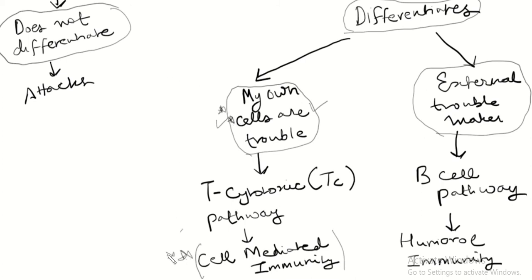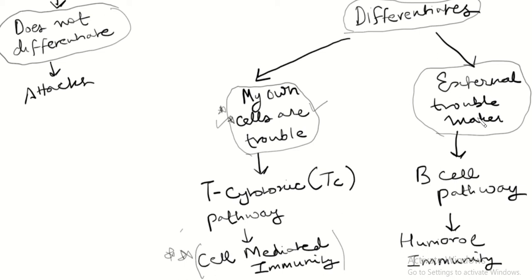So I'll need something to mediate and help me get rid of these cells or take care of these cells. Cell-mediated immunity. Again, we're going to study this in more detail, but that's the T cytotoxic cell pathway.